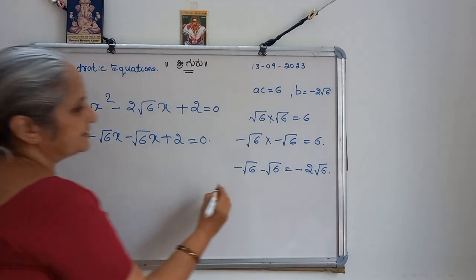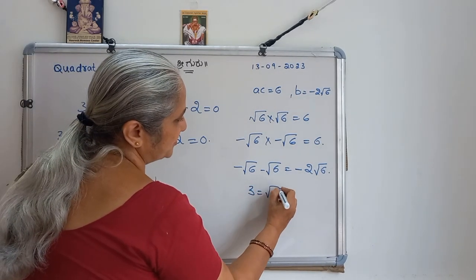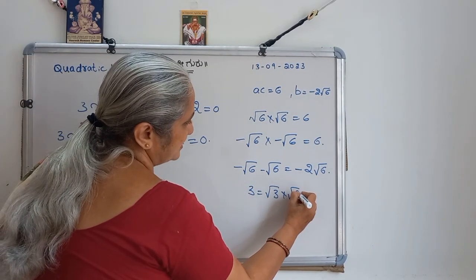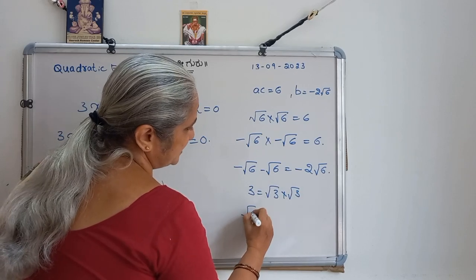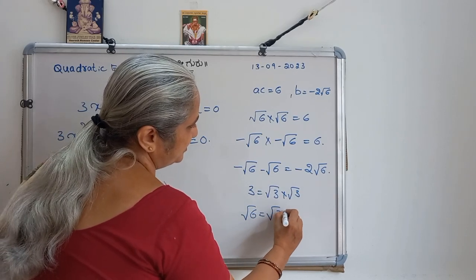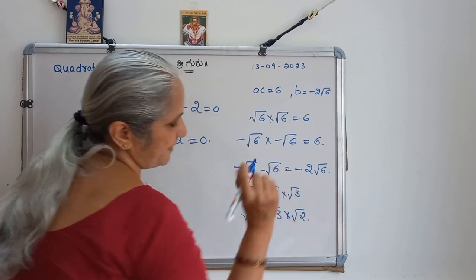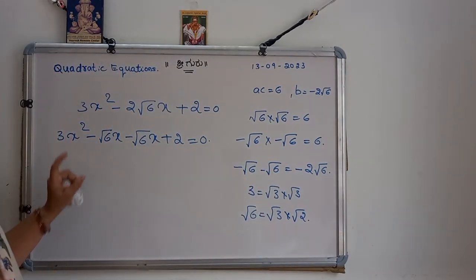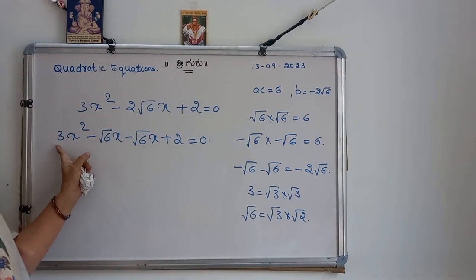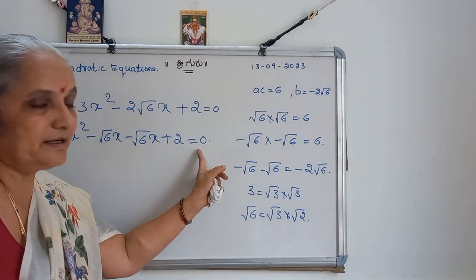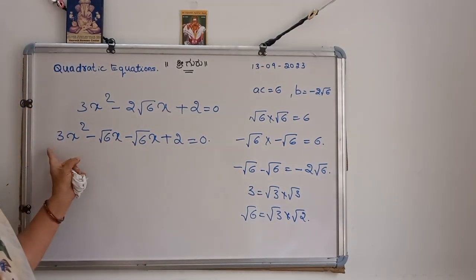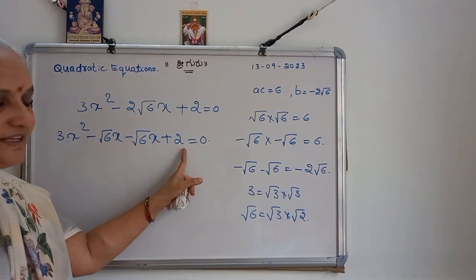Here we can write 3 is equal to root 3 into root 3 and root 6 is equal to root 3 into root 2. Why? Because we don't find any common factor among these terms.